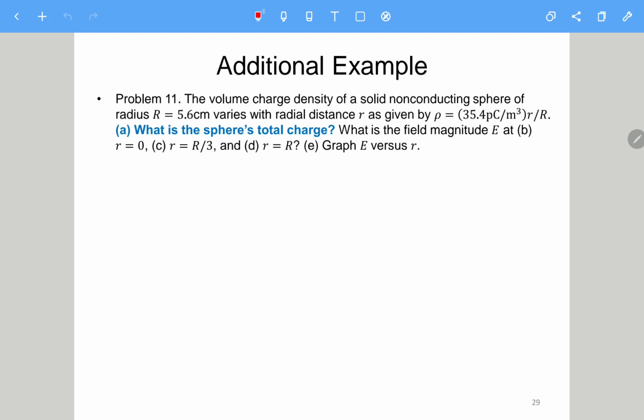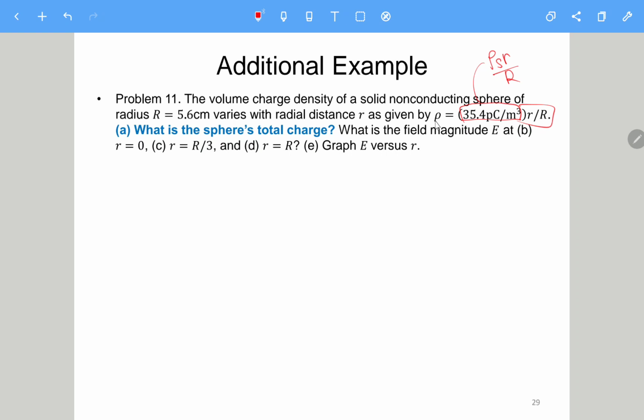I think this value we can just denote as rho S, and then times r over R for the whole thing like this. So rho S is actually 35.4 picocoulomb per meter cubed.